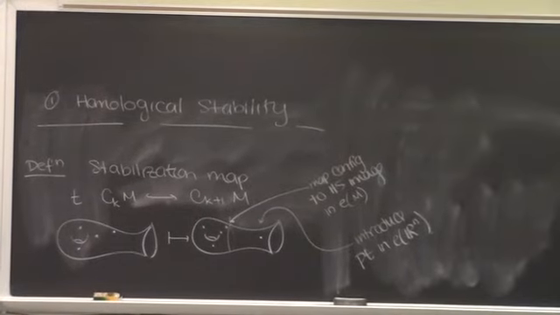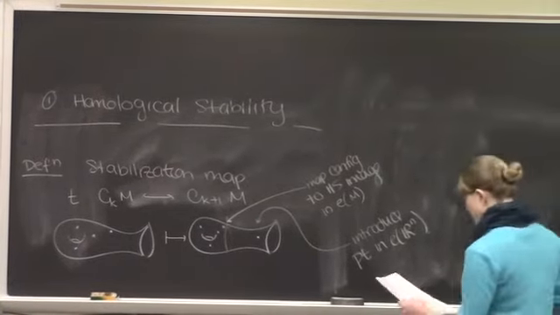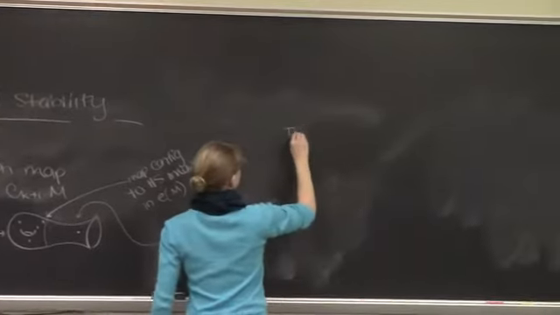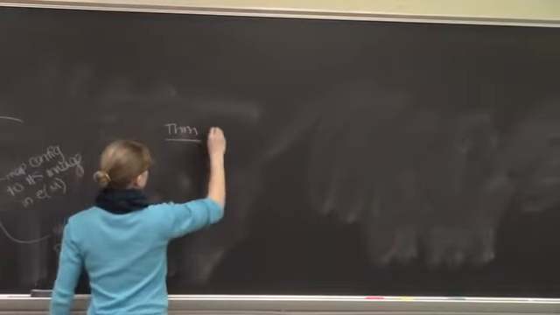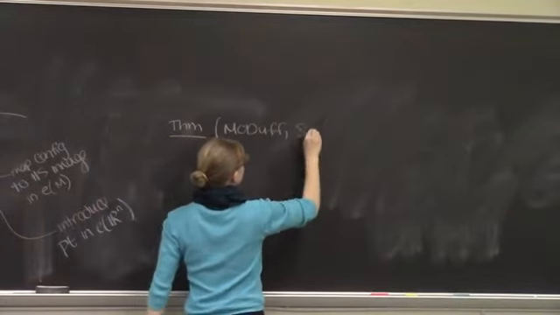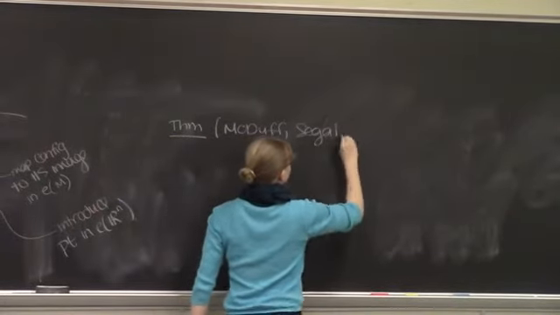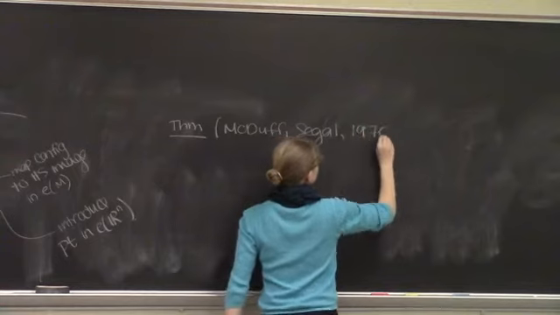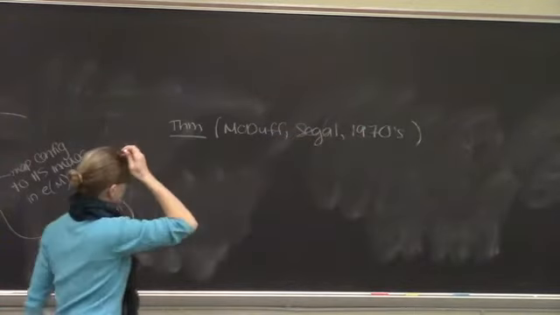Okay. Great, so here's the stabilization map. And then this result, originally due to McDuff, and later Segal gave a new proof that gave a quantitative stable range, both in the 1970s.